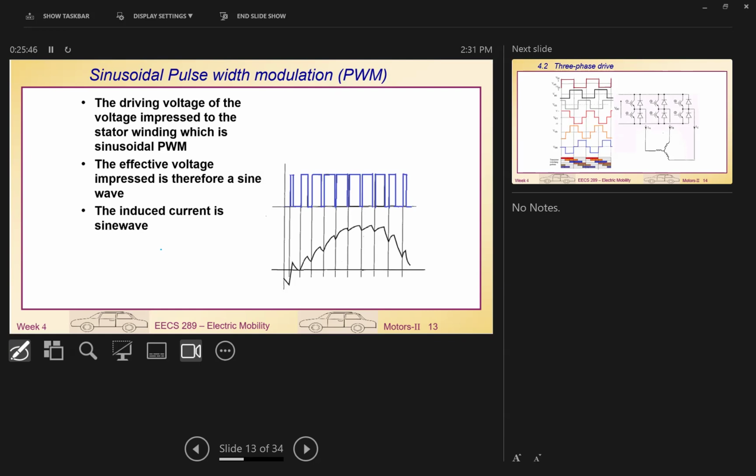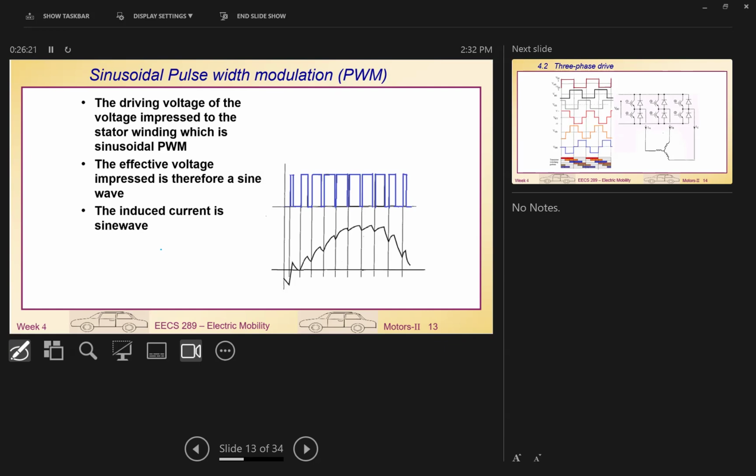The current will look like this. Here I'm using a really low frequency to show you the operation, but in fact we are not using this frequency. This frequency is too low. We use at least more than 20 kilohertz, 100 times higher than the sine wave. In this case, the ripple becomes so small that it really looks like a sine wave. You will need to use an amplifier to check that it's a sine wave. So that will be really, really small in the actual condition.